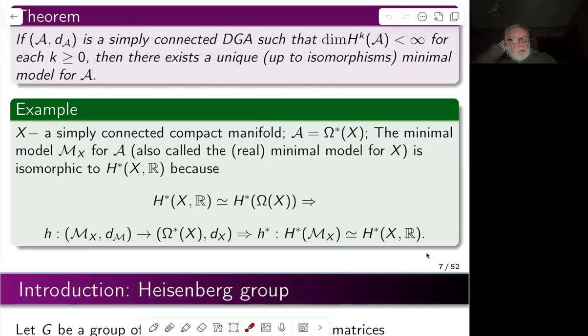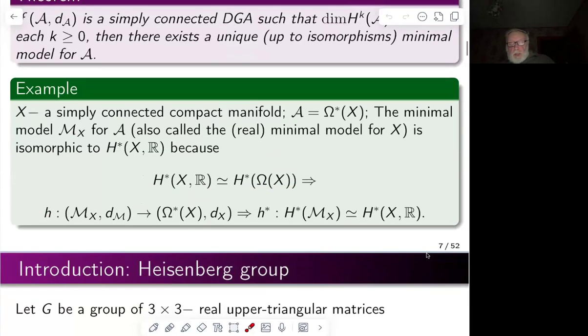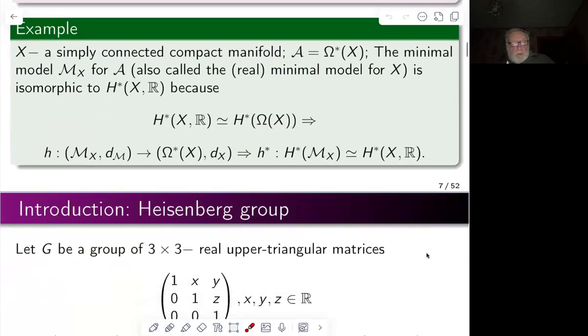And then the minimal model for this algebra is also called the real minimal model for the manifold X. It is just the cohomology algebra H(X,R). It is because this algebra is not just quasi-isomorphic, but explicitly isomorphic to the cohomology of our exterior algebra. So we have this quasi-isomorphism H, which induces this isomorphism of algebras.